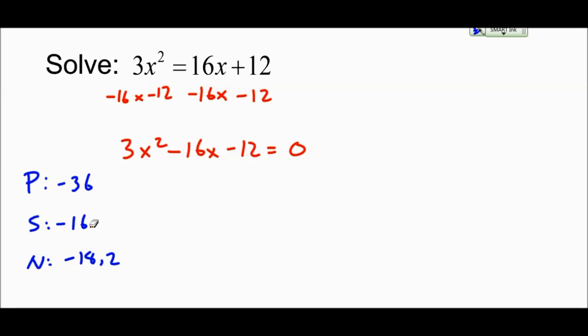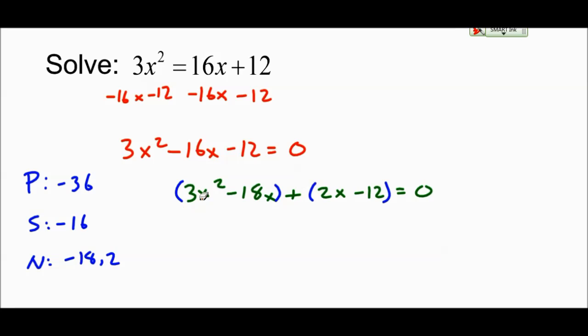They multiply to be negative 36 and add to be negative 16. So from here, since my A is 3, I'm going to have to split the middle. So this becomes 3x squared minus 18x plus 2x minus 12 equals 0. If you remember, we then go ahead and group.